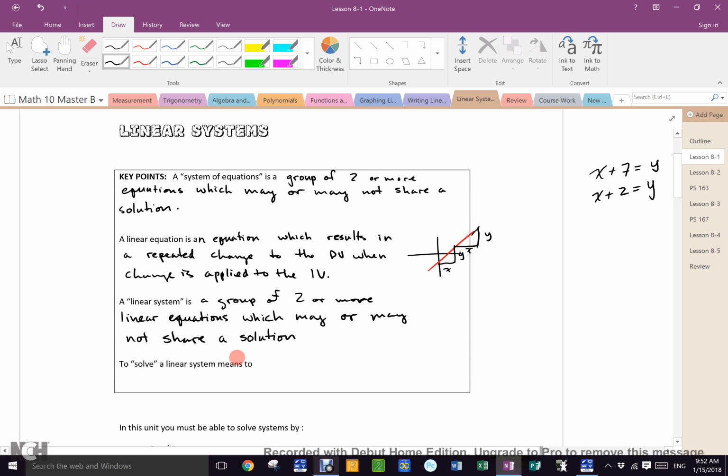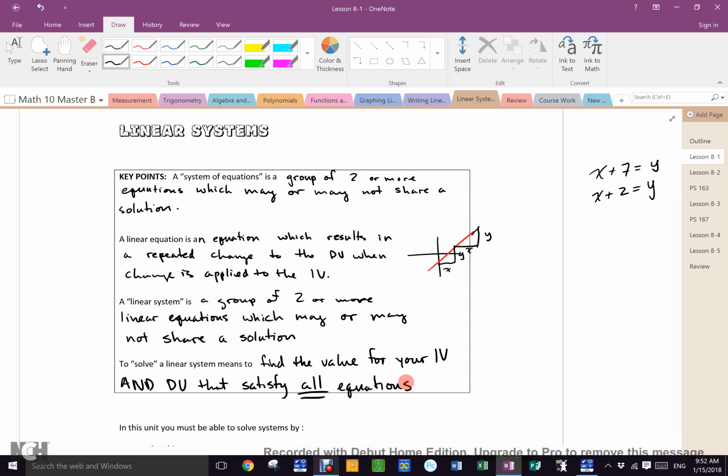So, to solve a linear system means to find the value for your IV and DV that satisfy all the equations. Everybody cool? That's all the theory. We're going to do some stuff with it now. Is everybody good? All right.